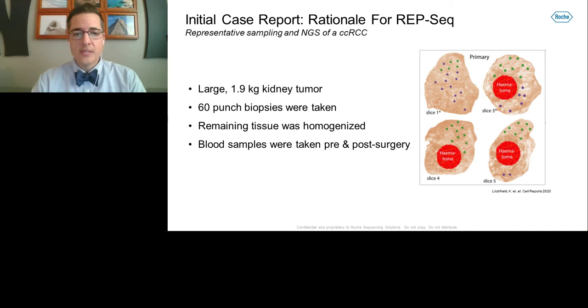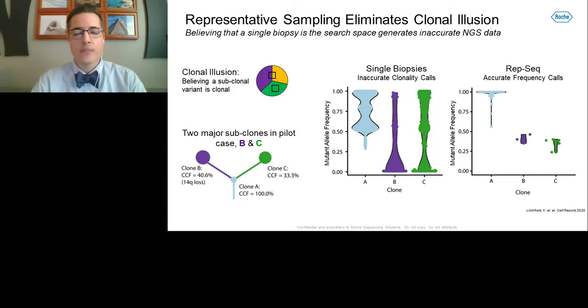From these slices, 60 punch biopsies were taken, and the remainder of the tissue was homogenized. I'll also be showing that blood samples were taken both pre-surgery and post-surgery, and we used many of the findings from the homogenate to better track the disease progression over time.